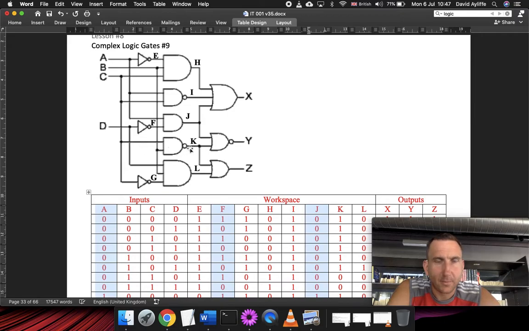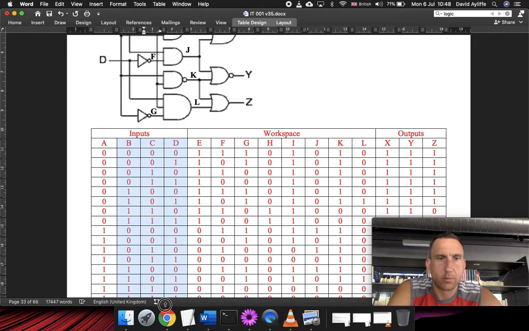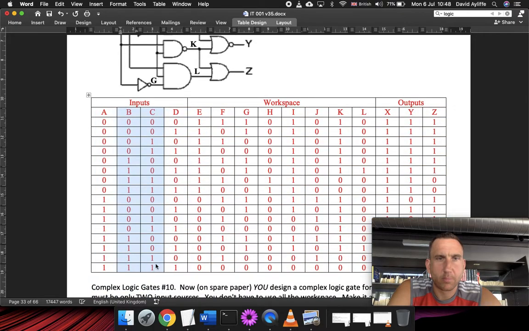K is, what is that? That is C and B. So K is a NAND gate, and the NAND gate is the input of C and the input of B. So NAND, every time we get a 0 input, we get positive output.